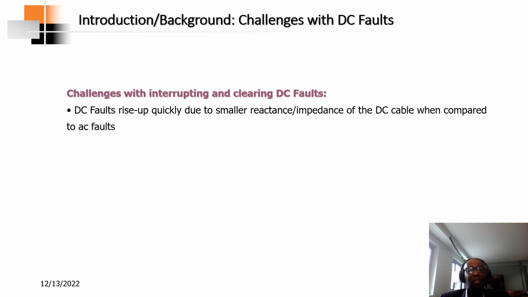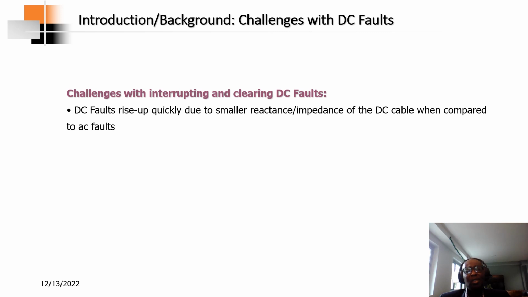As such, because of the smaller resistance, DC faults, when they occur, rise up quickly to about 10 to 14 times the nominal rated current when compared to AC faults. As you know, AC faults have a high impedance, and also the X/R ratio of the point where the fault occurs.